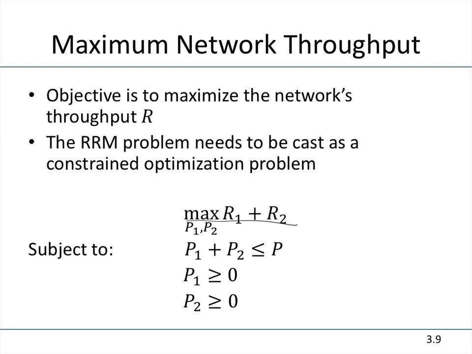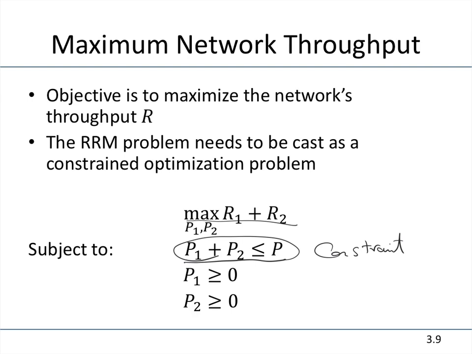But this is subject to the fact that we have P1 plus P2 less than P. This is what we call a constraint. So in optimization, this is called constraint optimization, right? Maximizing a function is easy.